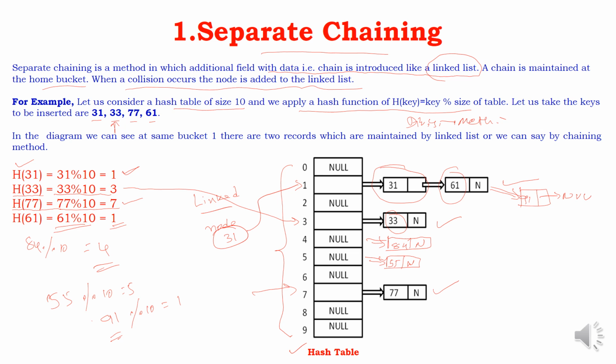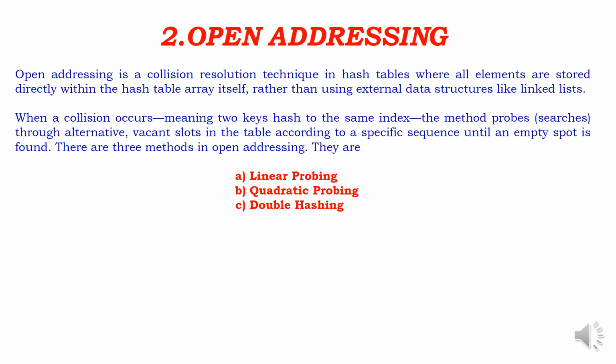So bucket 1 contains three values: 31, 61, 91. So there is no limit. If it is just an array, there will be a limit of storage. But if you use a linked list, there is no limit. You can add any number of nodes to the list if you use a linked list.